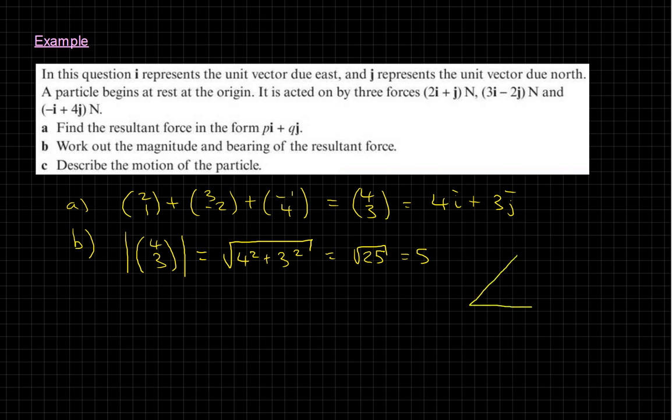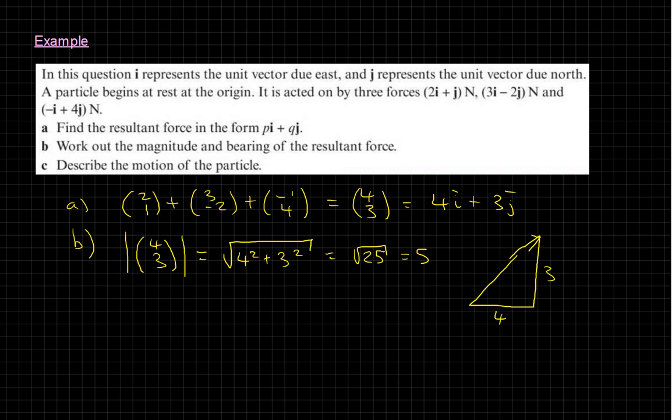Okay, and for the bearing, you just have to draw yourself a triangle really. So let's draw the triangle of the force. The force is the hypotenuse, and we're going 4 horizontally, we're going 3 upwards vertically. If it's a bearing, we've got to be a bit careful when it says the angle of the vector and the bearing of a vector.